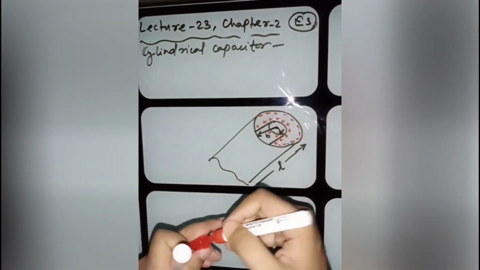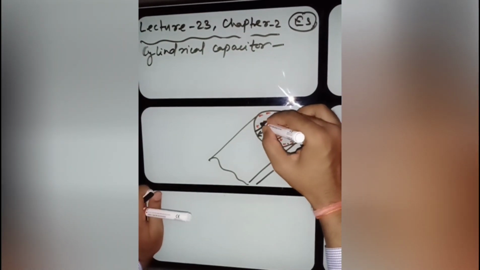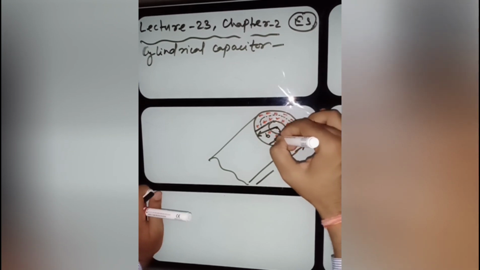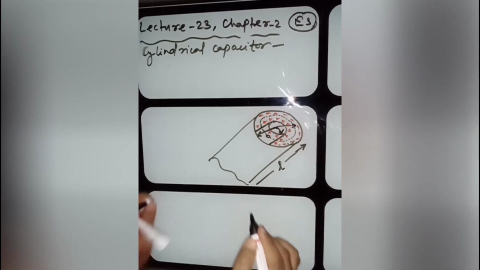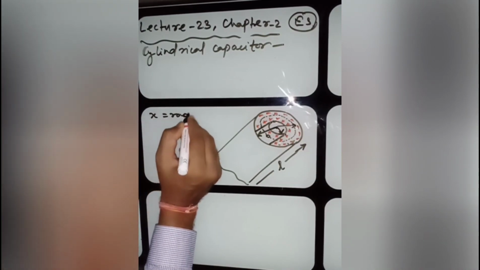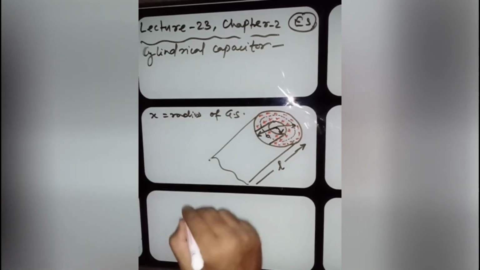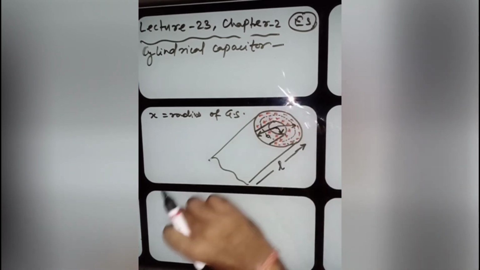Now we take a Gaussian surface, this dotted one I am using, of radius x. x is the radius of the Gaussian surface, and the cylinder is inside.